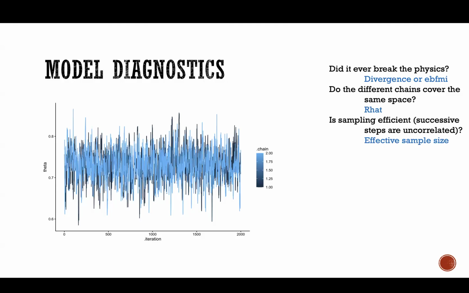This means that there are portions of the posterior space that the model is not able to effectively sample. Its steps are too big, right, to sample that quick change in gradient. So we should do something to the model.